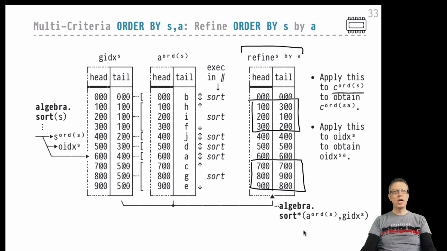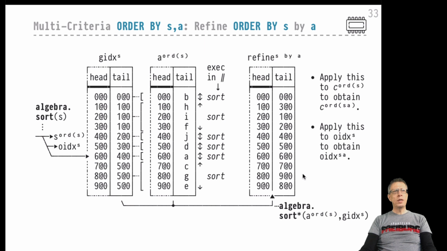Then compute algebra.sort star to arrive at this refinement, and then apply this refinement. Apply means use algebra projection to apply this particular refinement to the output of the ordering by S to obtain an ordering that is ordered by S first and by A second. Okay, so that would be the strategy to have a multi-column, multi-criteria order by in MonetDB.